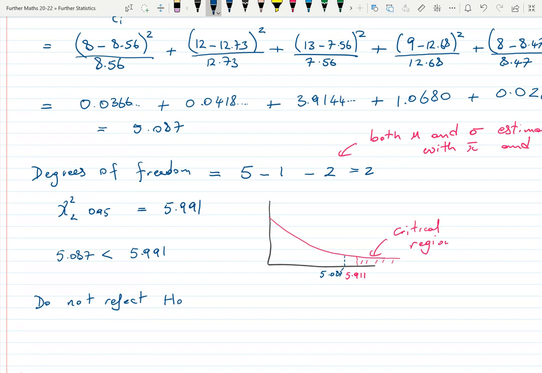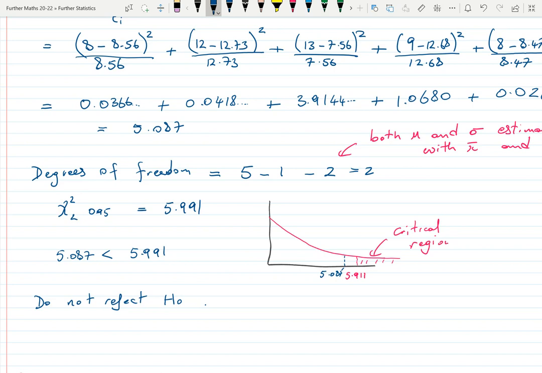Now, depending on the board you do, your contextual answer will be more stringent with certain specifications than others. I know that OCR are funny about this. They're going to want a double negative in their conclusion.